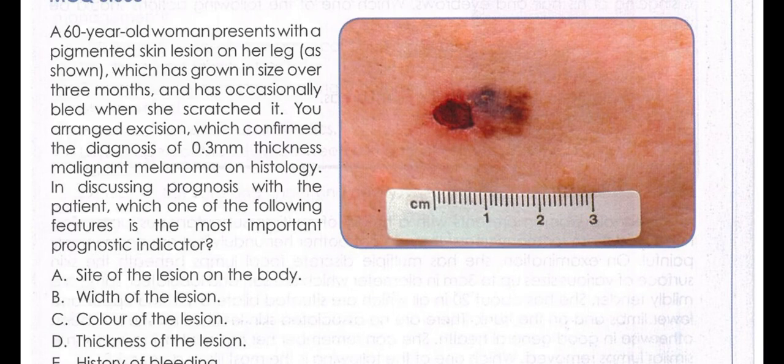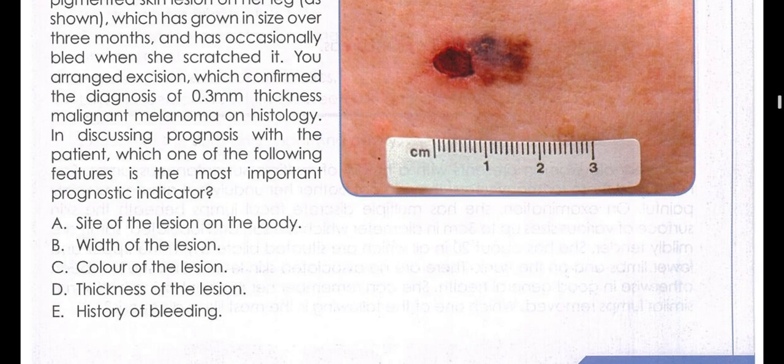As I already discussed in the last video, whenever this type of picture comes, you have to keep in mind the A, B, C, D, E of melanoma for pigmentation. Then definitely you will give the answer correctly.